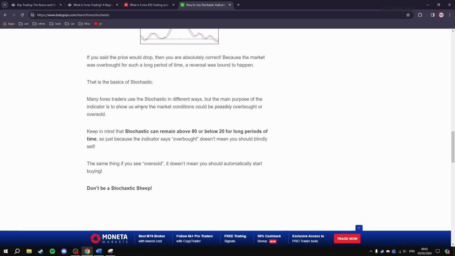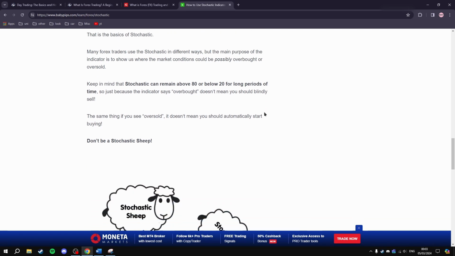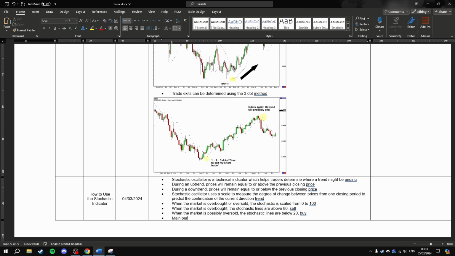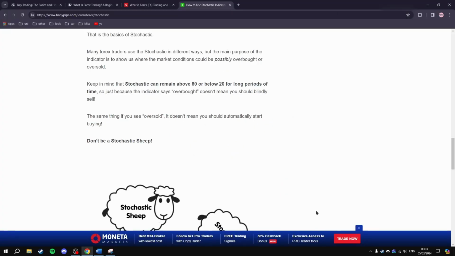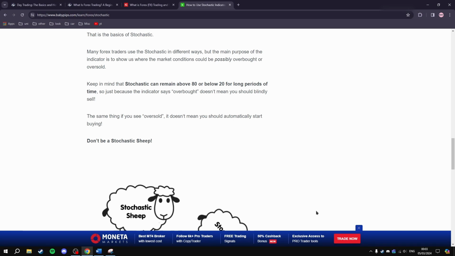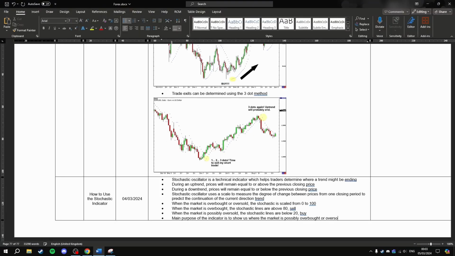Many Forex traders use the stochastic in different ways, but the main purpose of the indicator is to show us where the market is possibly overbought or oversold.